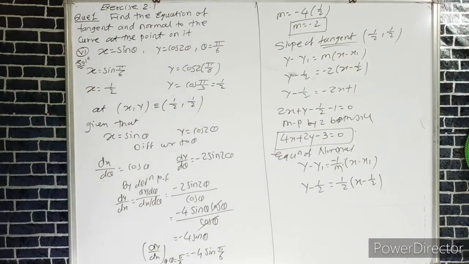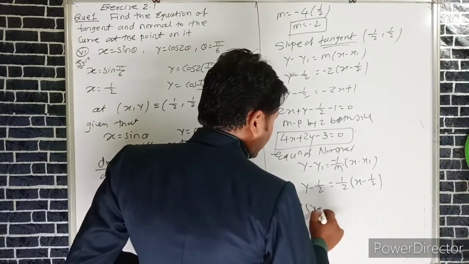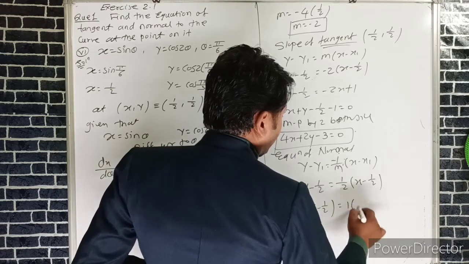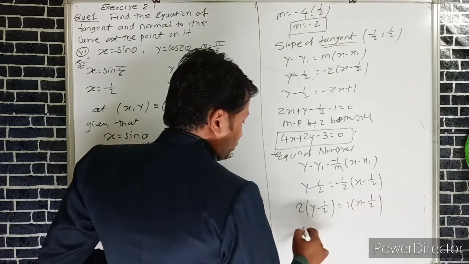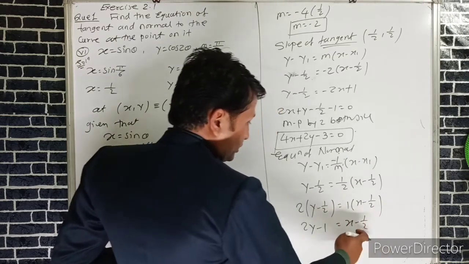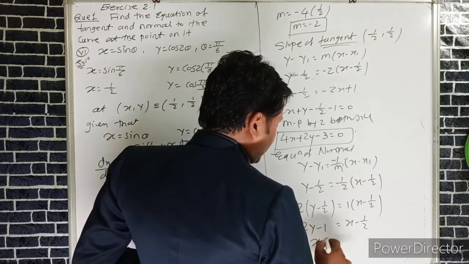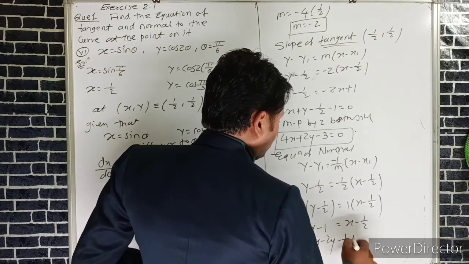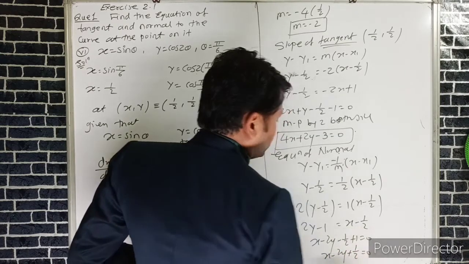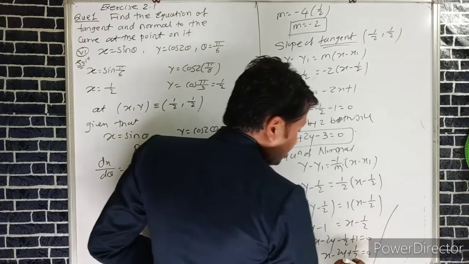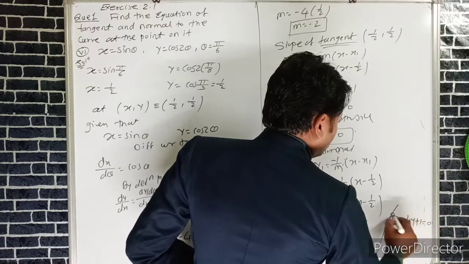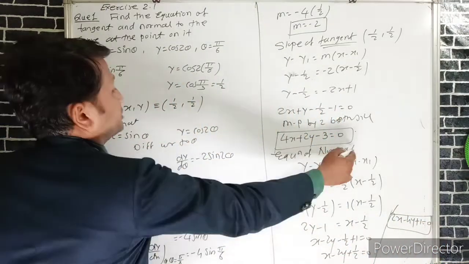Shifting to the left side, we can write 2 into y minus 1 by 2 is equal to 1 in bracket x minus 1 by 2. So 2y minus 1 is equal to x minus 1 by 2. Shifting the 2y minus 1 to the right side, x minus 2y minus 1 by 2 plus 1 is equal to 0, or x minus 2y plus 1 by 2 is equal to 0. Multiplying by 2 on both sides, 2x minus 4y plus 1 is equal to 0, which is the required equation of the normal.